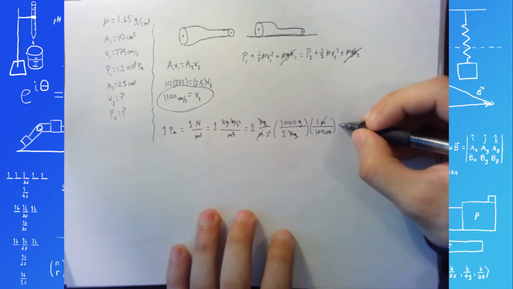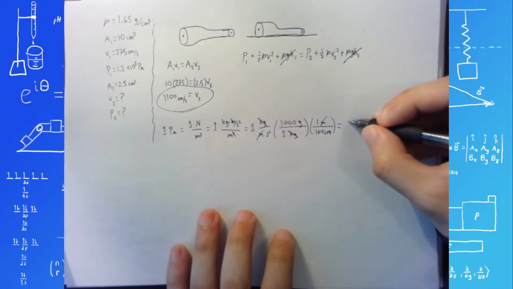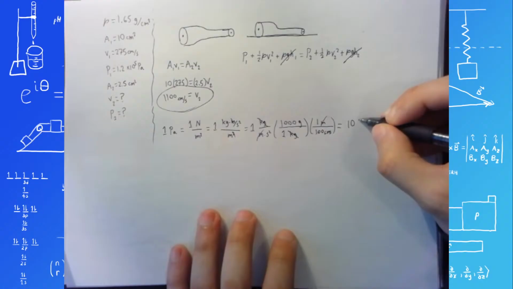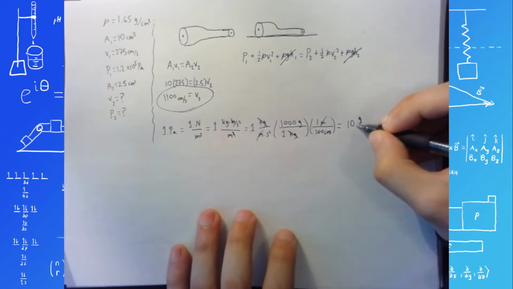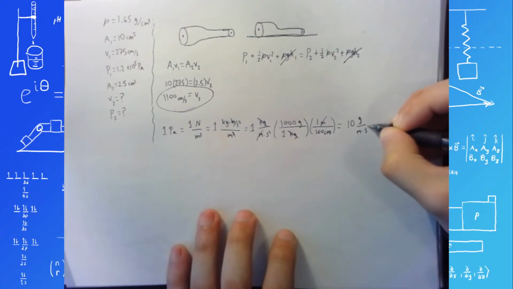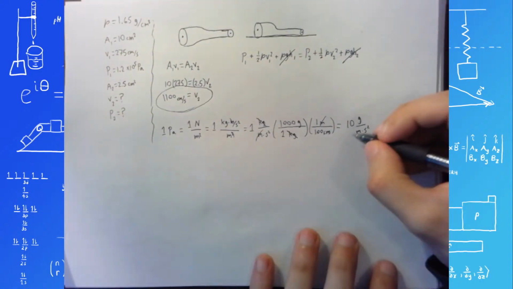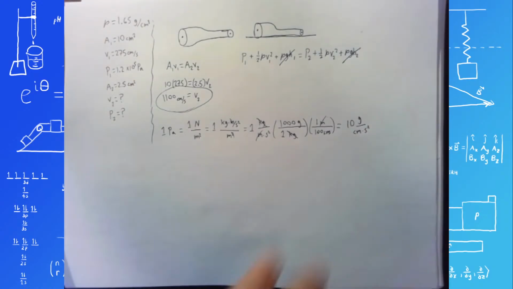So the conversion factor, 1 pascal, is equivalent to 10 grams per centimeter second squared, which is the pressure unit that we'd be using here.